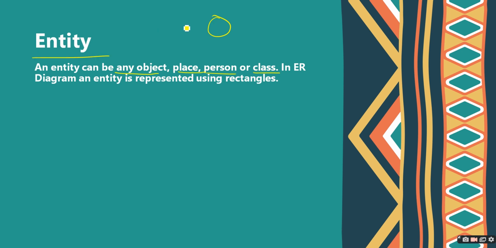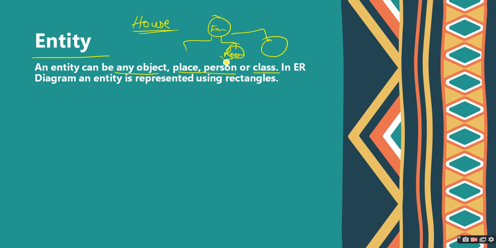Like let's say I am going to create a database for my house. So again, house will be the basic entity or the main entity there, right? My house. And let's say my house has different rooms, so these different rooms will be one more entity, a sub-entity.